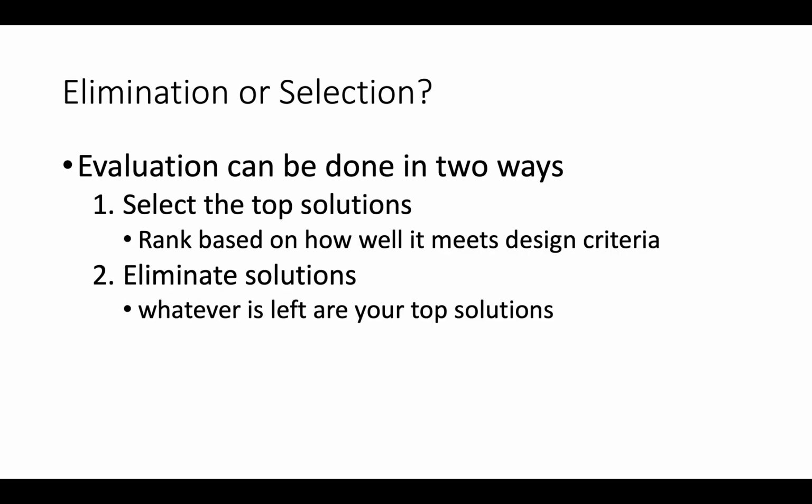Elimination or selection. So evaluation can be done in two different ways. You can either select your top solutions, so you can rank them based on how well they meet your design criteria, so all your functions and objectives. The second method is just eliminate solutions, so eliminate things that don't work, and whatever is left are your top solutions.